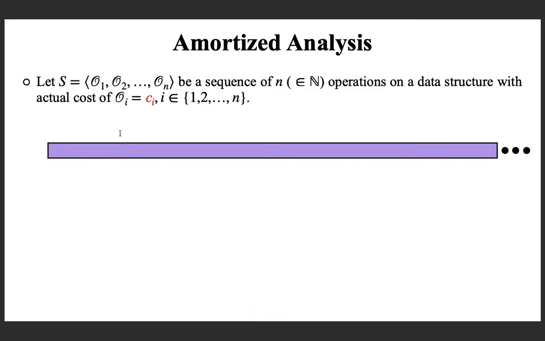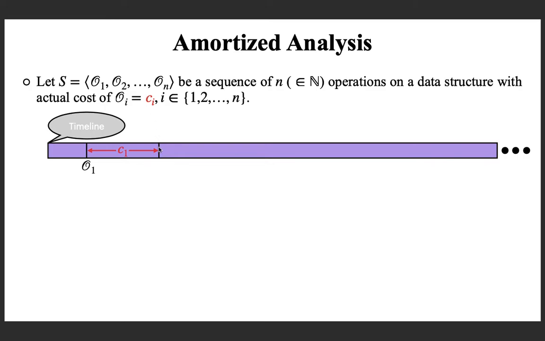Now, if we look at the timeline, which starts maybe at 0, we are assuming that the first operation started performing at this time instant, and when we say that its cost is C1, that means the amount of time that O1 is taking in the CPU for its execution is C1 unit of time. So, for this duration of time, the operation O1 is in execution.